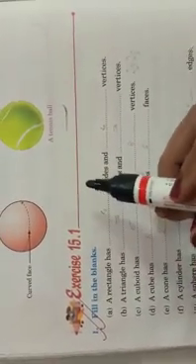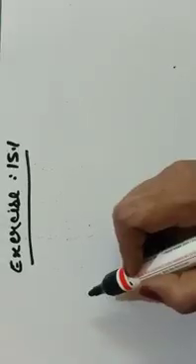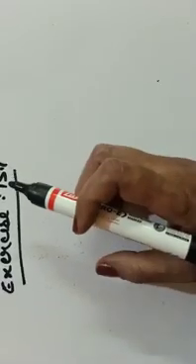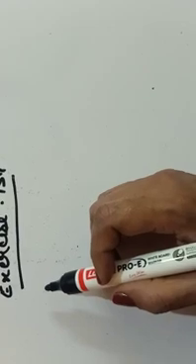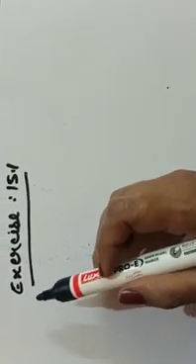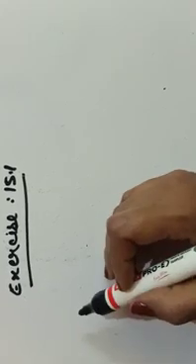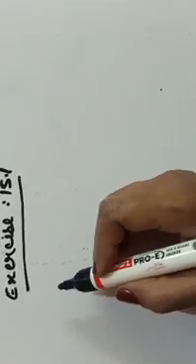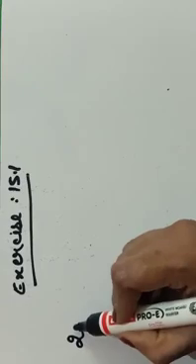Now, I am going to start Exercise 15.1. Look carefully. In 15.1, question number 1 is fill in the blanks. By this explanation, you can do this one easily. Now, see question number 2.